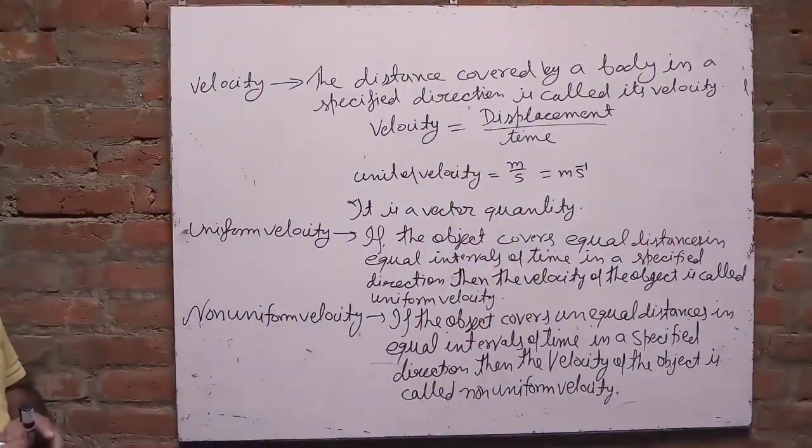Is this clear? Unequal distances in equal intervals of time in a specified direction is called non-uniform velocity. Now pause the video and note down this.